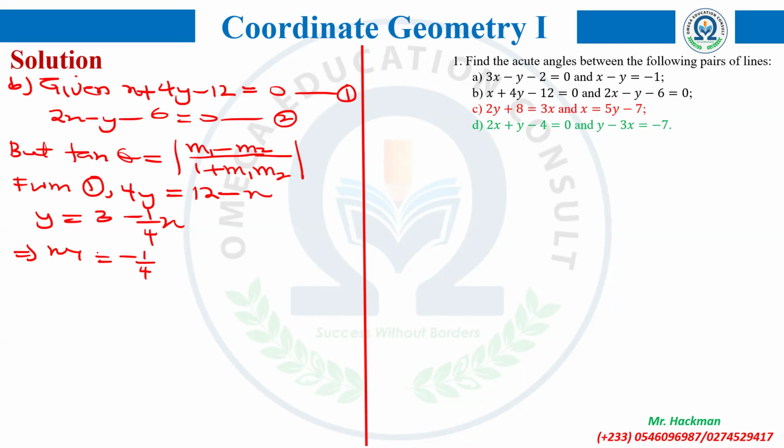Okay. All right. So if you move on, we need to get our M2, from the second equation. So please help me get the gradient in the second equation to convince me that you've understood. Okay, the one that you didn't get. So you have to make y the subject.